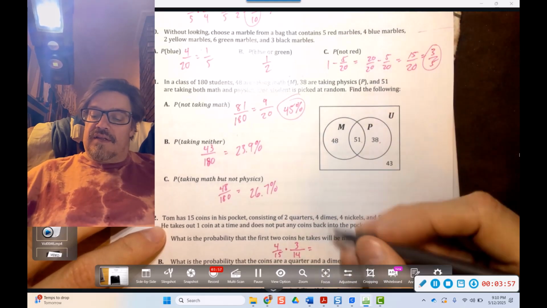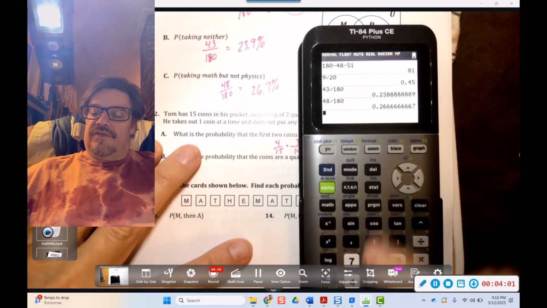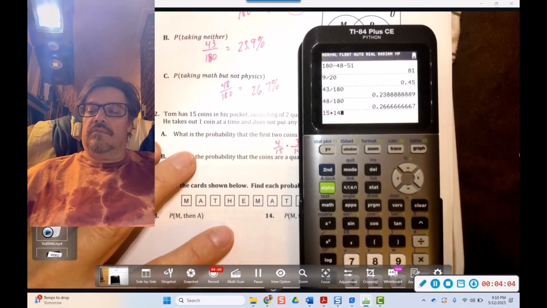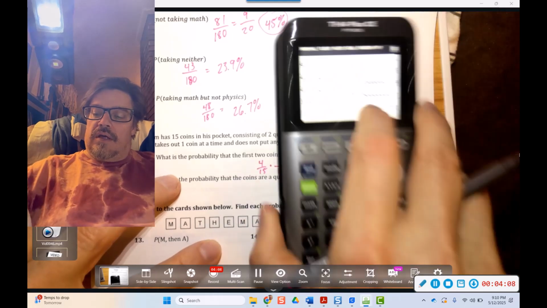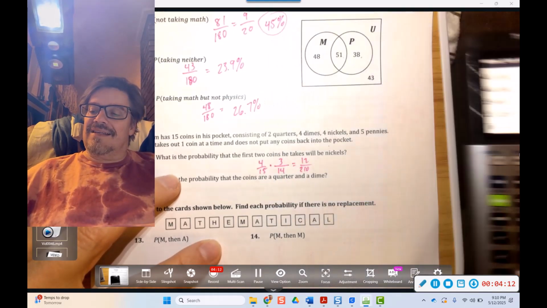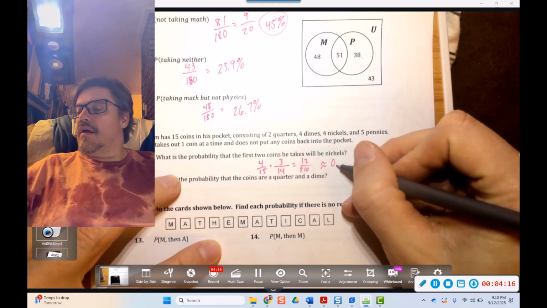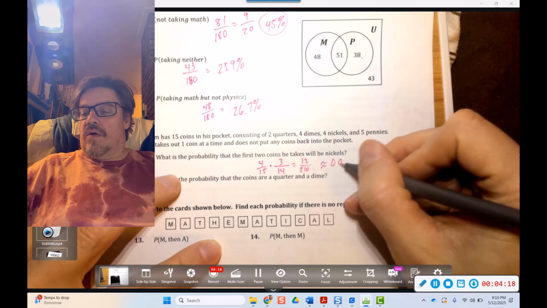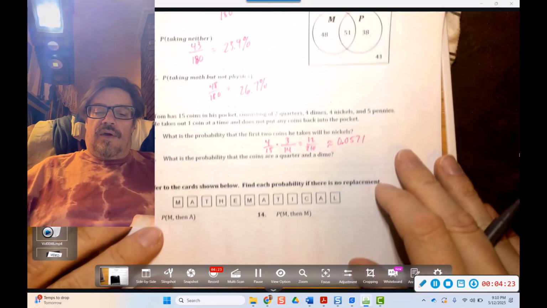We're going to get 12 at the top over 15 times 14, 210. Okay, 12 out of 210 is 0.0571. Okay, that's the probability.